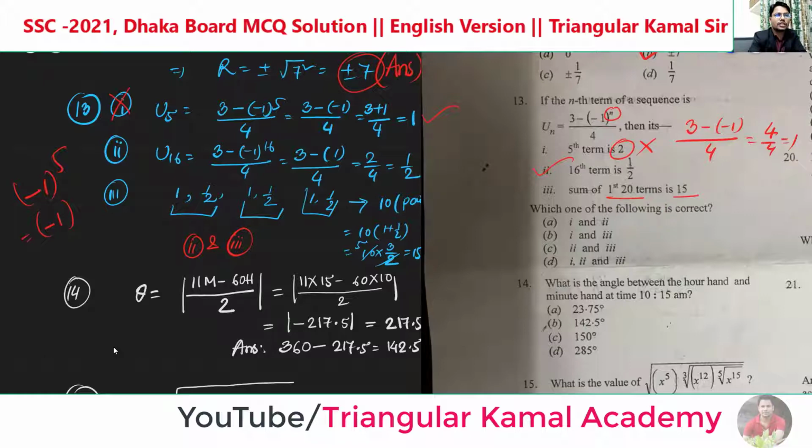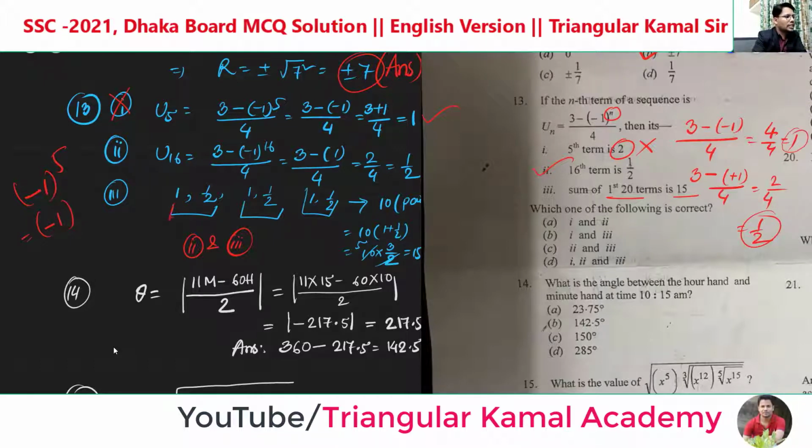When we consider this one is an odd number, and if we consider this one is an even number, there will be 3 minus (+1), divided by 4, and 2 by 4 is equal to 1 by 2. So for all even numbers, un will be half. For odd numbers, un will be 1.